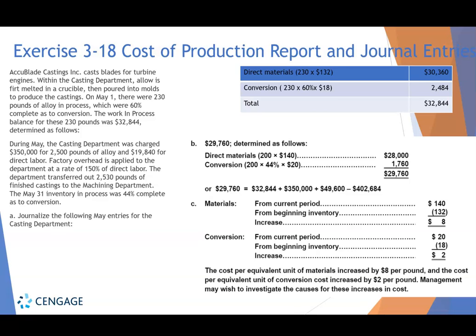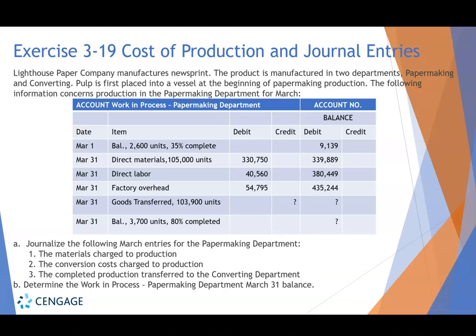Or you could take these figures here to balance it the same way. We've got materials. Now we're paying $140 per equivalent unit, where the previous period it was at $132, so it's gone up $8. And our conversion costs have also gone up $2. Something that management would be interested in seeing.